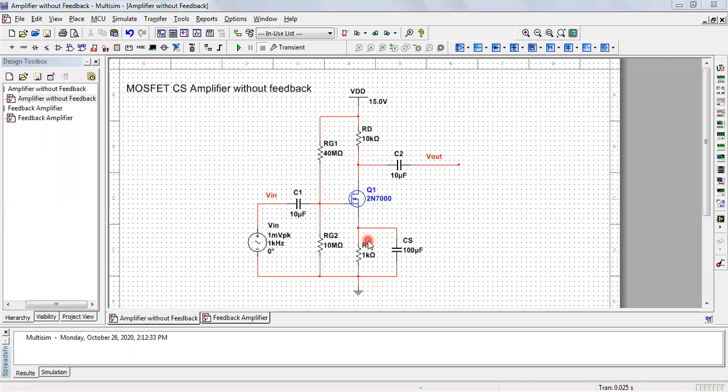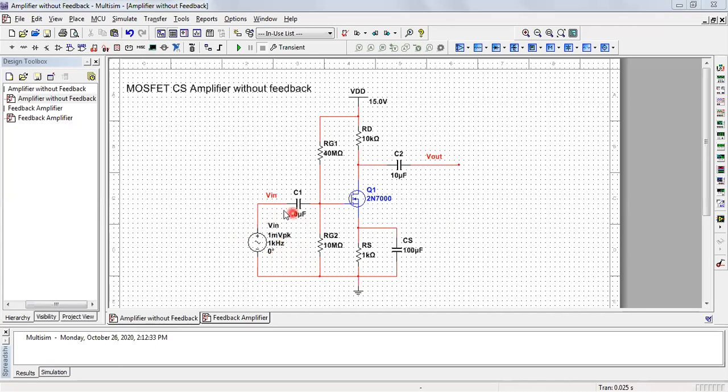So we have to bypass the source resistor during the application of the AC input signal, so that the gain is not degraded. So this CS will play that role. It will bypass the source resistor during the AC input application.